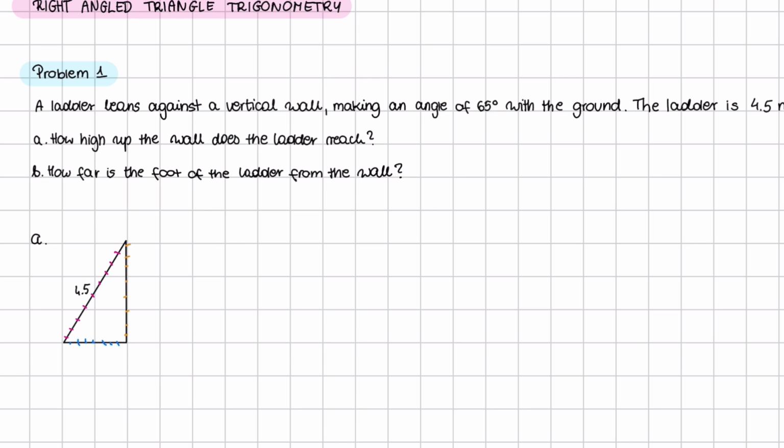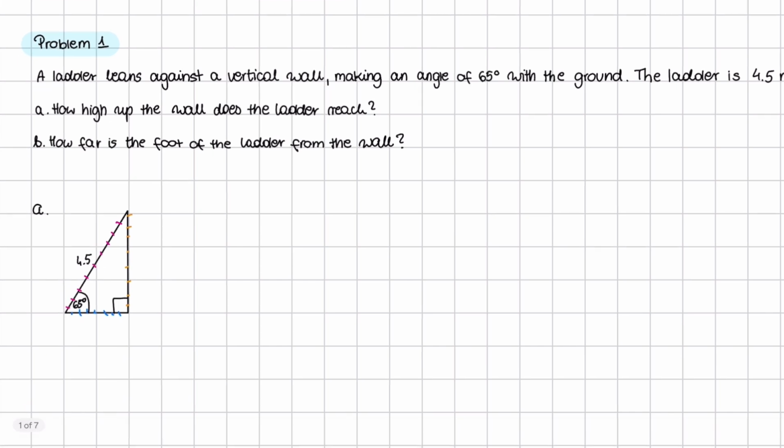We also have an angle of 65 degrees. The ladder makes this angle with the ground, so here we have 65 degrees. Here we know that we have a right angle, so 90 degrees.